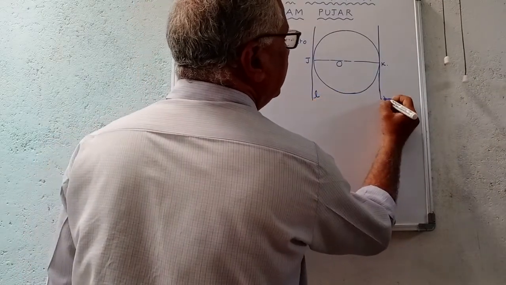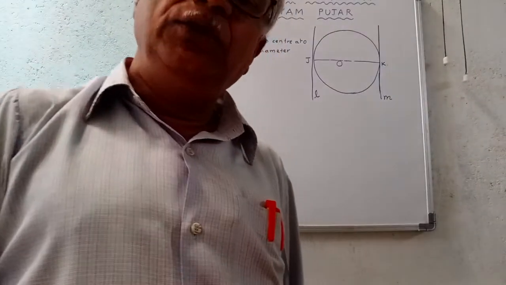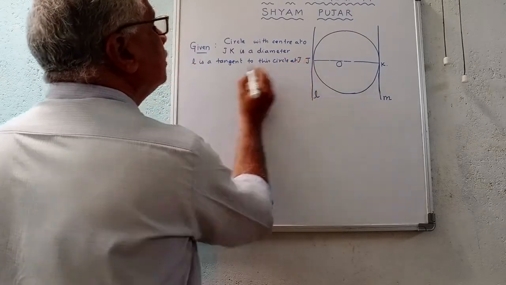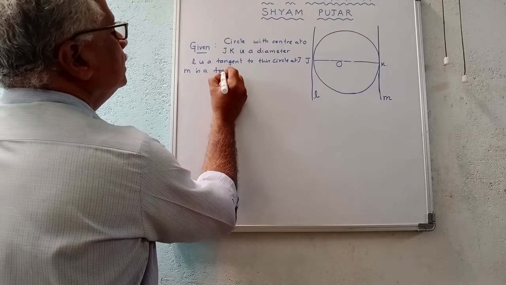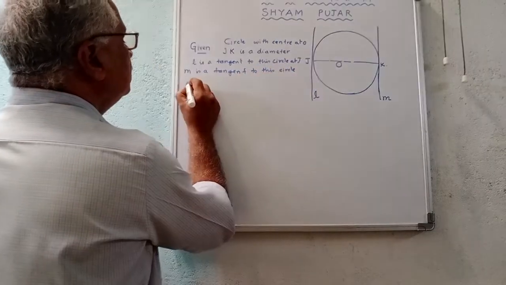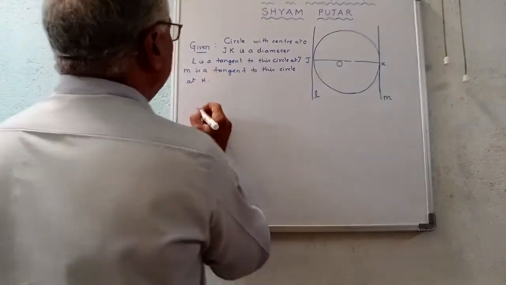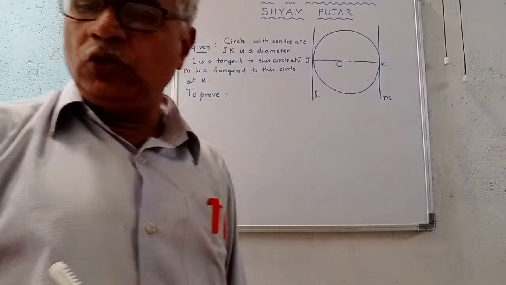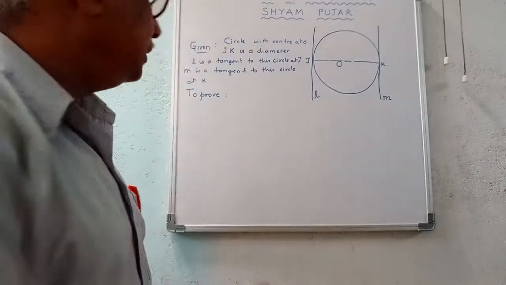Line L and line M are the two tangents, one drawn at J and one drawn at K. L is a tangent at J. Similarly, M is a tangent to this circle at K. To prove: I am asked to prove that these two lines L and M are parallel to each other.